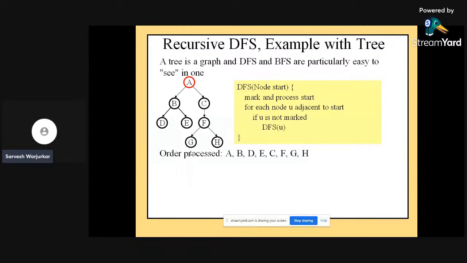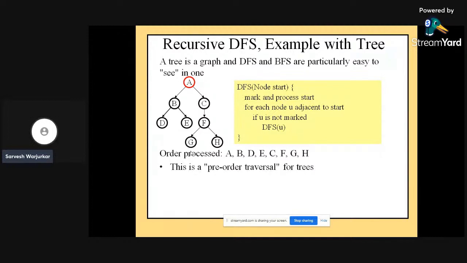Then it reaches E, the left hand side is completed, then it comes back to B, and B comes back to A. On the right hand side it now visits C, C is connected to F, and after F it deals with G, scanning the node G, and after G it can come back to F again, and F to H. But F is already visited, so there is no need to put that element into the stack again.